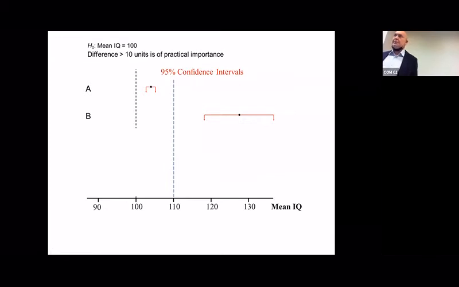Yes. Is it of practical importance? Yes, it's above. Okay, so it doesn't include these values. This is an impressive result. Be nice if you got this sort of result, very clear. So we would say, yes, this is statistically significant, and these vitamins are really improving IQ. Every child should be given these vitamins.